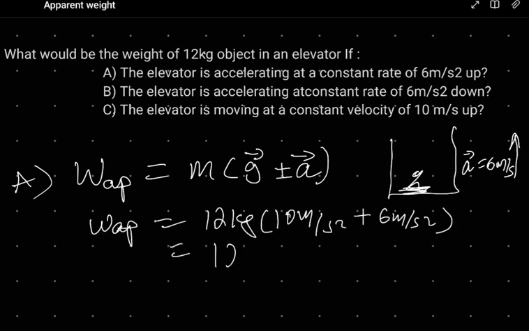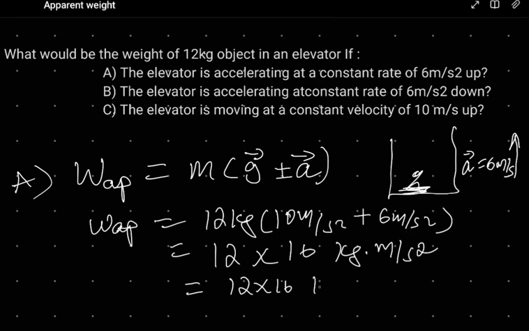This gives you 12 times 16, in kilogram meter per second square. The product is 192 kilogram meter per second square, which is newton. So this is the weight when it is measured in a vertically accelerating system.